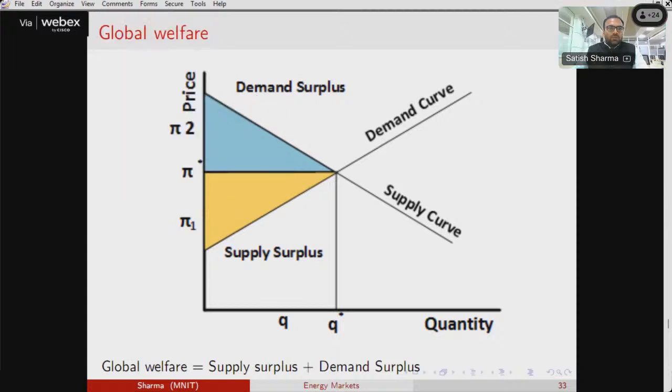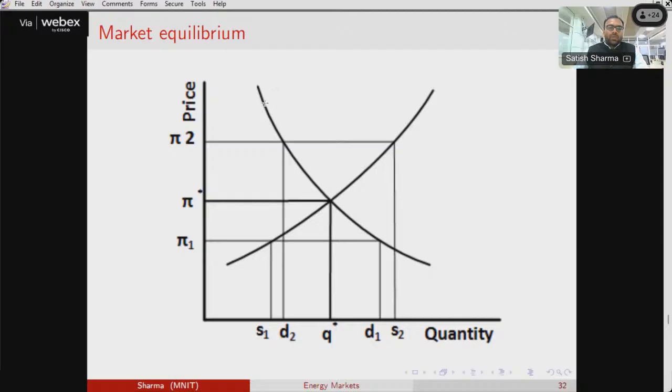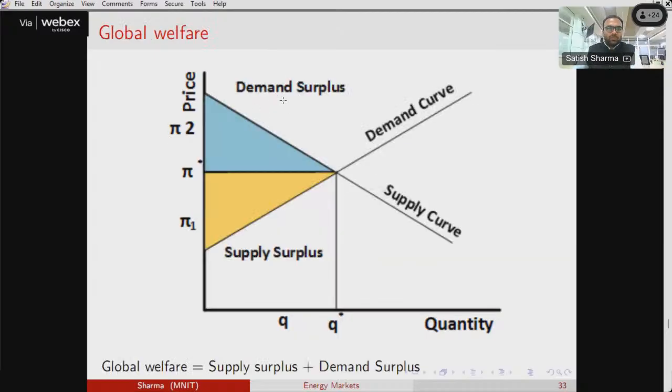So this is your demand surplus, and this is your supply surplus. The sum of the supply surplus and the demand surplus equals the global welfare. Okay, and if anyone has some doubts here.